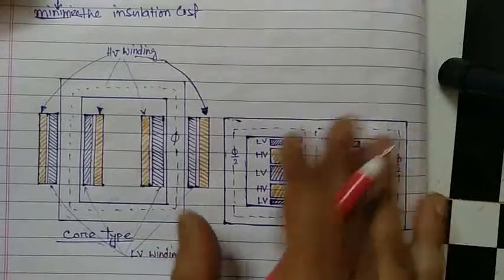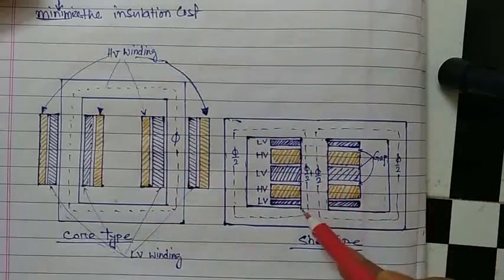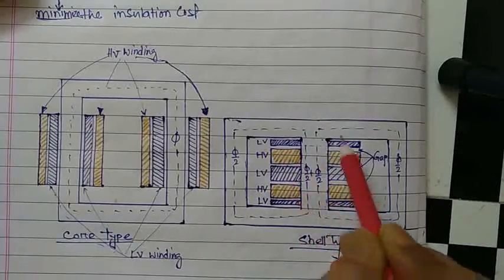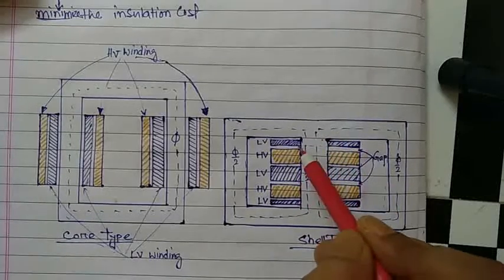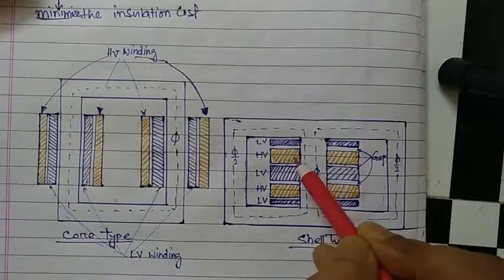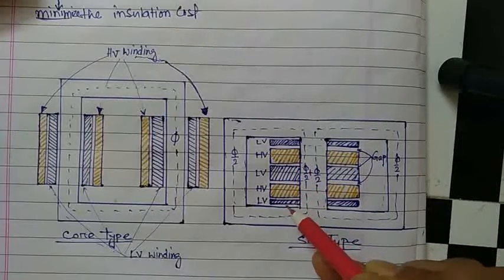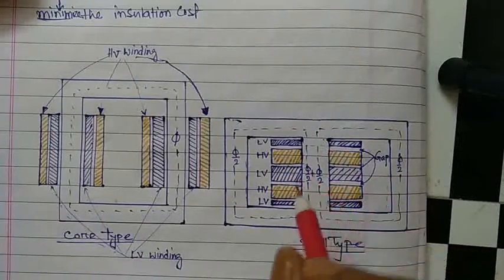Now in case of a shell type transformer, windings are wound over the central limb. Okay, and low voltage and high voltage, low voltage and high voltage, again low voltage, that means a sandwiching structure or interleaved structure.